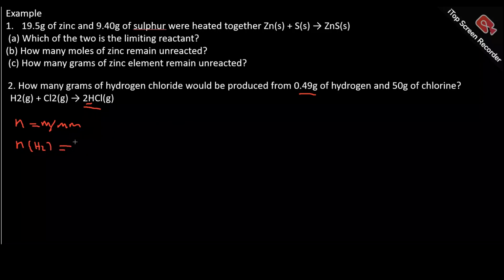So we're going to have the grams 0.49 divided by the what? Molar mass. And in this case, it's going to be 2 times 1. So when we do the calculations, what are we going to get here? We should get 0.245 moles.